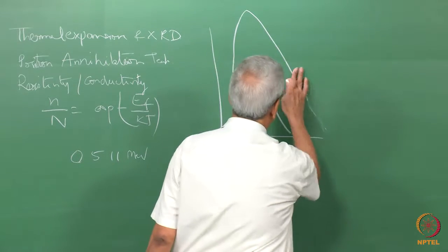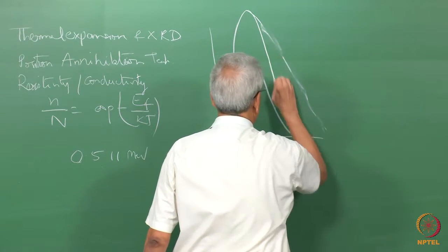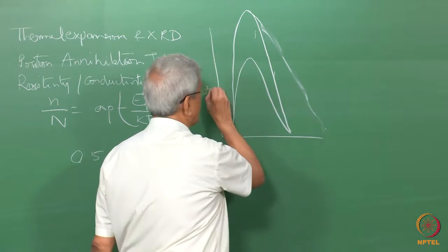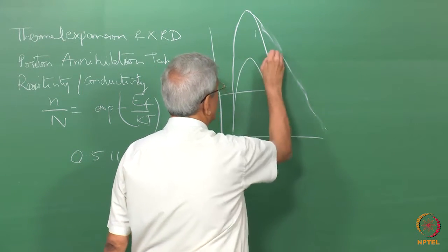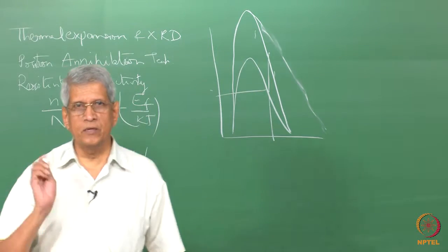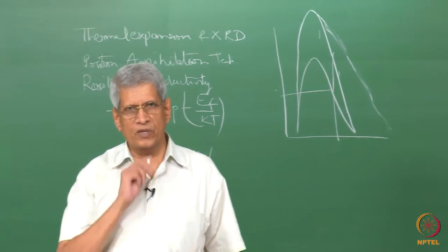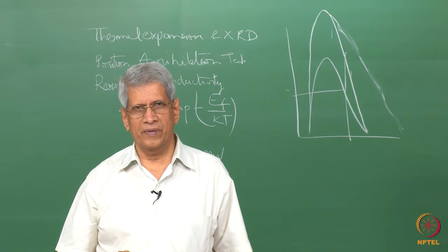So for the same concentration, this height, if you try to look at it, the counts for the same time is going to be different, correct? That is dependent upon the vacancy, the defect concentration. So from this we can get both the information.